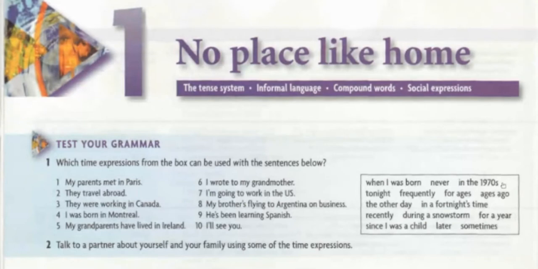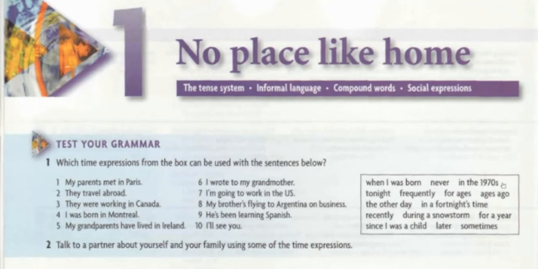Number 4, I was born in Montreal. What kind of verb, what tense is this? I was born in Montreal. It is in the past, but is it active or passive? Is it active?